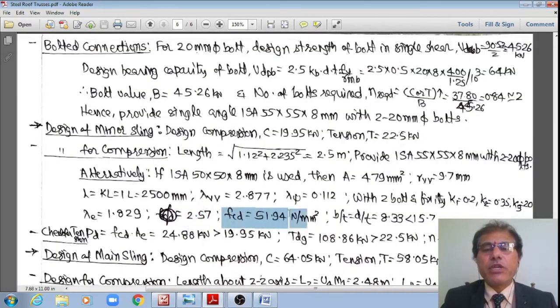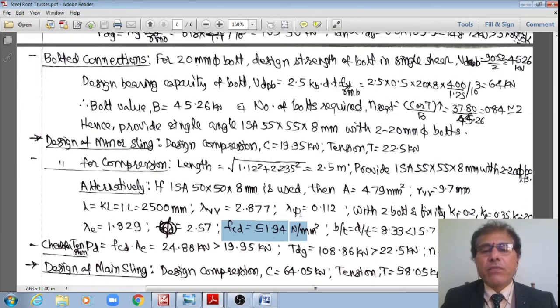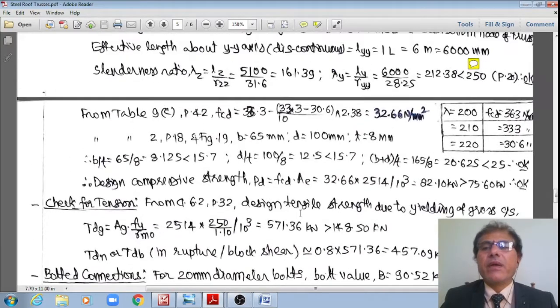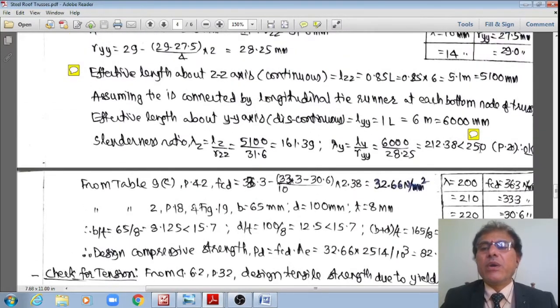I'm not showing that interpolation now. In the previous subheading I have shown that interpolation also. Therefore, fcd is equal to 51.94. That interpolation is like this, student.